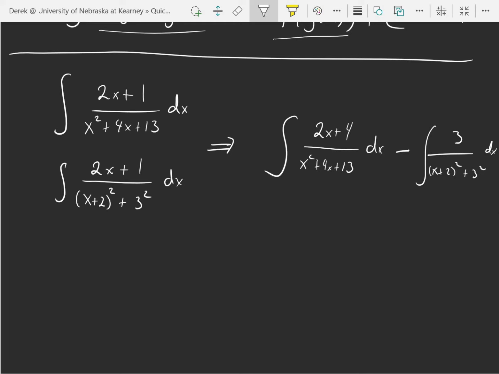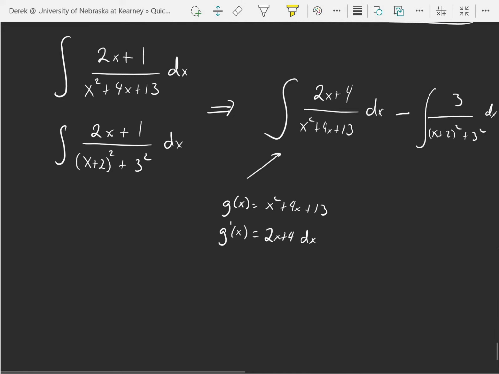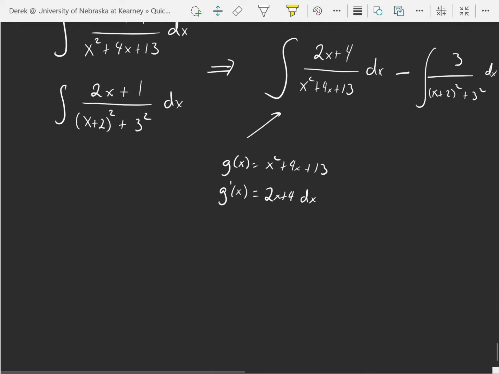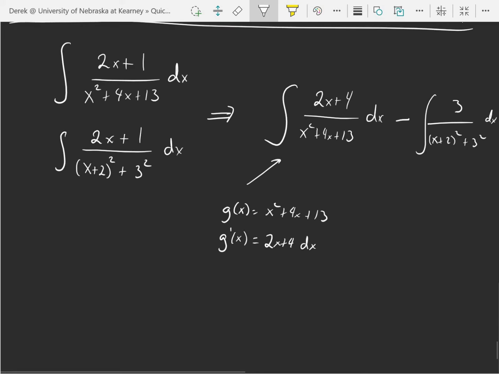And now we can use substitution immediately on this piece. Let's say the inside function g of x is equal to x squared plus 4x plus 13. Then g prime of x is equal to 2x plus 4 dx. Okay. And then we can use our substitution there on the left-hand integral.